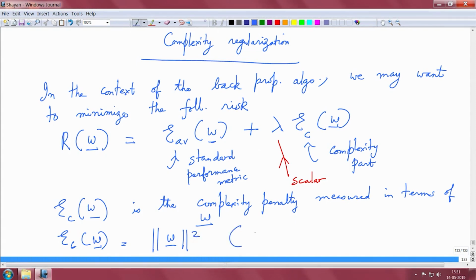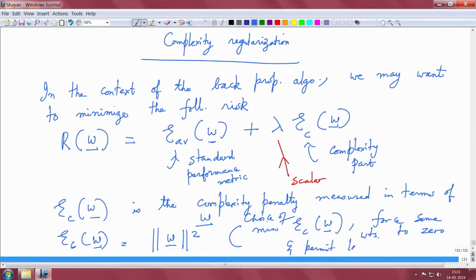right, and if we choose a certain threshold or we strike a balance in choosing the minimum over all weights of this complexity functional, then we can force some weights to 0 and permit larger weights.